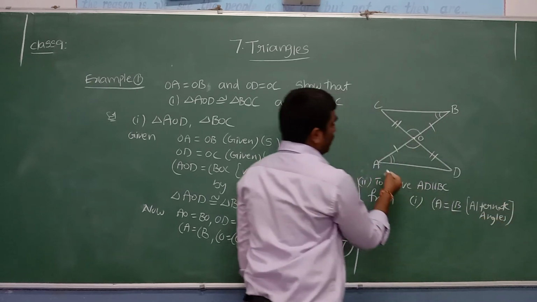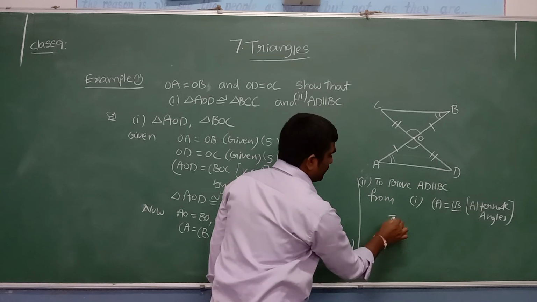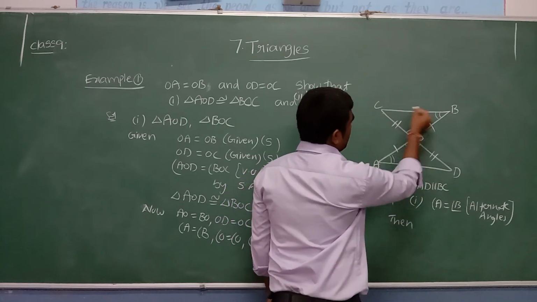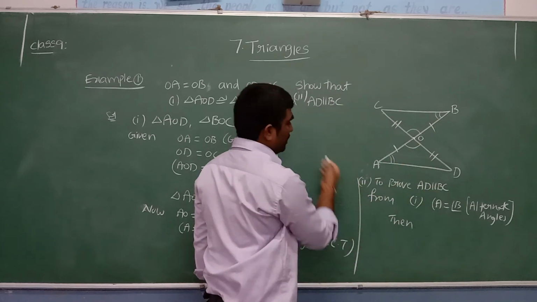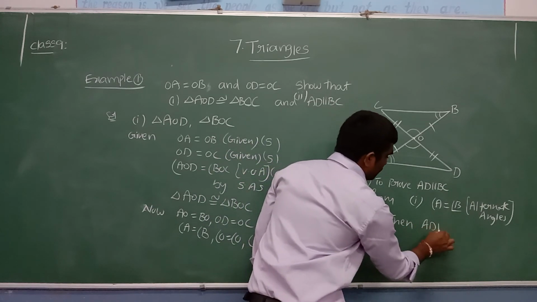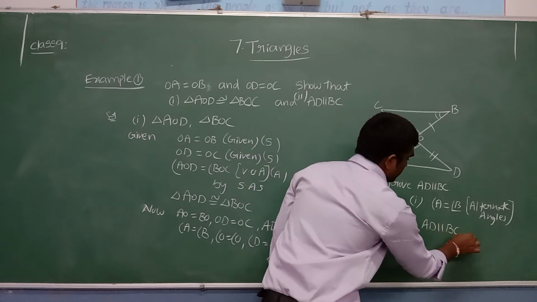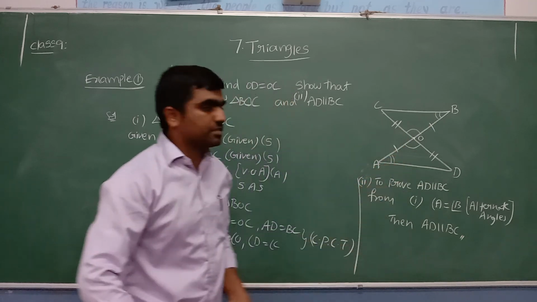So what can we say? Since alternate angles are equal, CB is parallel to AD, or AD is parallel to BC.